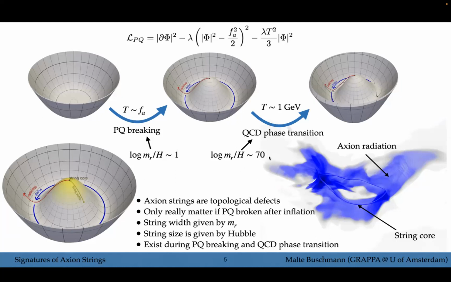And by the time you reach the QCD phase transition, the scale separation between the width and the size is about 70 e-folds. So the strings are incredibly thin compared to their size.